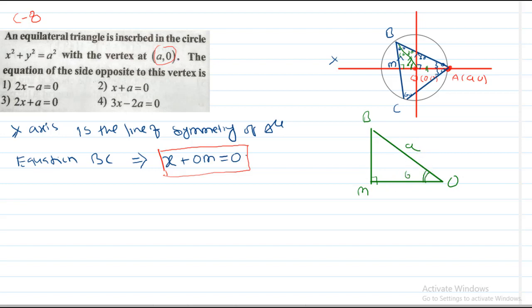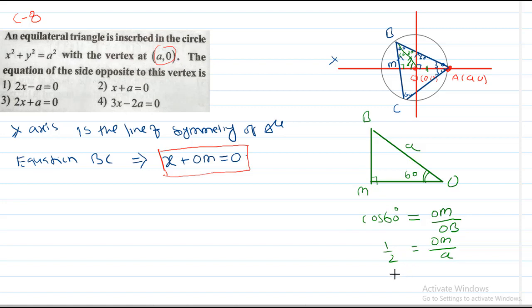This is 60 degree. I want OM. Cos 60 degree is equal to OM divided by OB. So 1 by 2 equals OM by OB, and OB means small a.